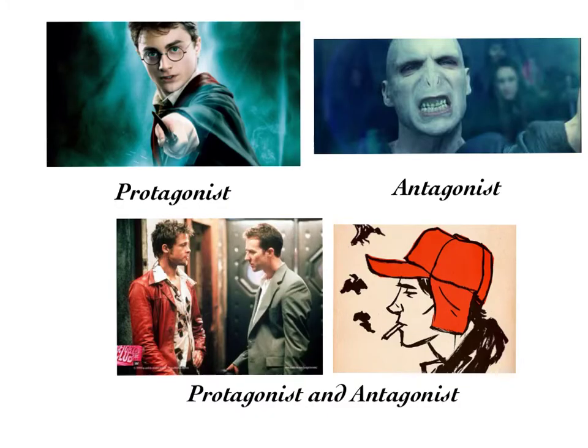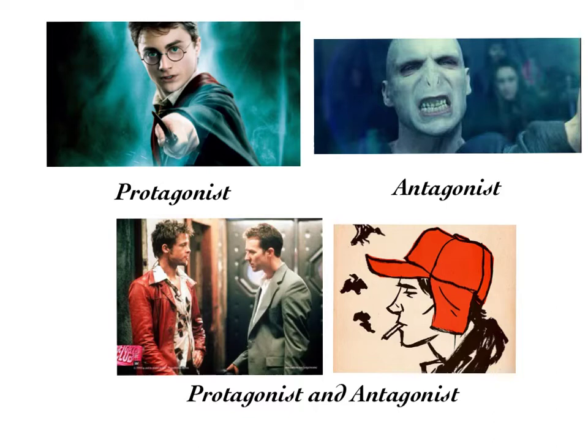So moving on to types of characters, I'm sure that you're already familiar with the protagonist and the antagonist. So the protagonist is the main character in the story, and the antagonist is the character that's working against them in some way. But I also wanted to highlight that there are characters that can be both the protagonist and the antagonist.